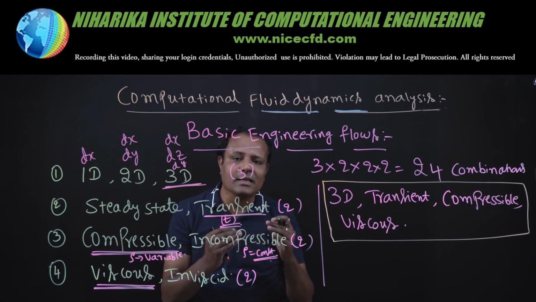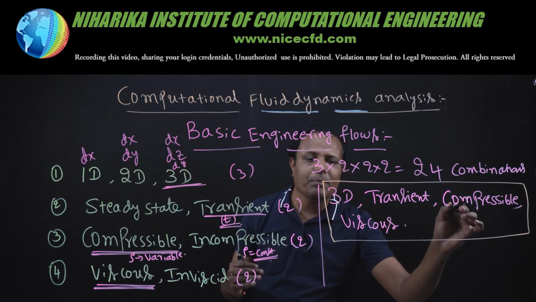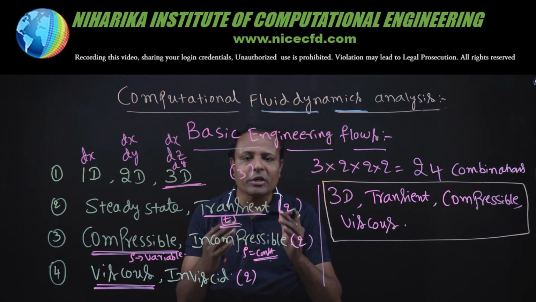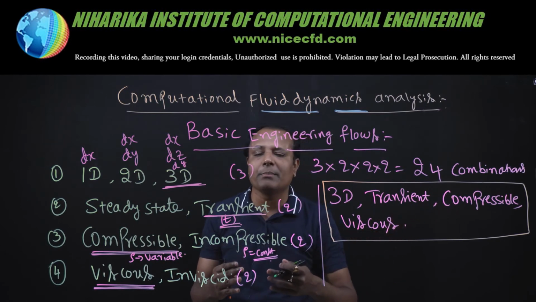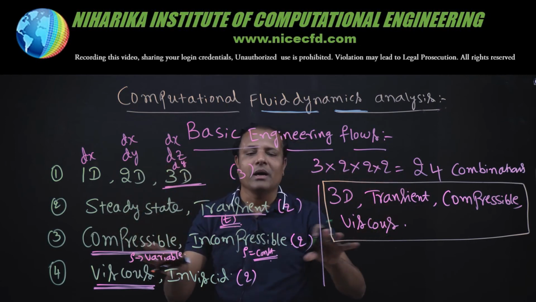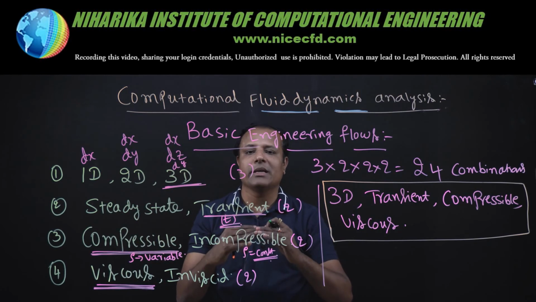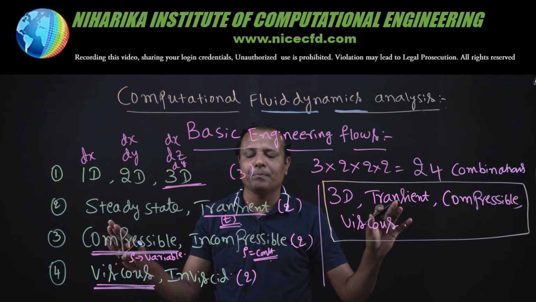Now, in the next class, I am going to explain the 3D transient viscous compressible Navier-Stokes equation. To make you understand why I selected the 3D transient viscous compressible combination to start the Navier-Stokes equation, I have arranged this session number 4 to get you ready. Remember, these 24 combinations are in the laminar regime only. We have not gone to the turbulent regime.